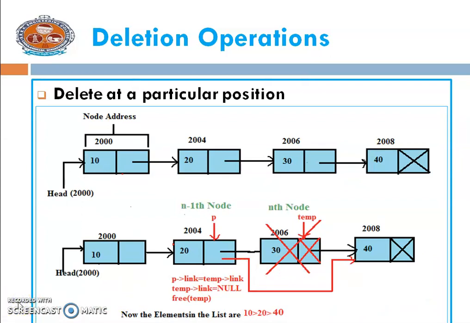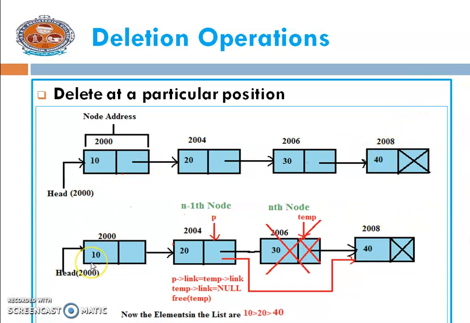And the next deletion operation is delete at particular position. Here we have to pass the position of the node which is to be deleted as an argument to the function. So initially the list consists of 4 nodes.